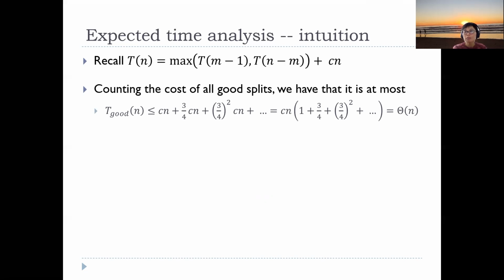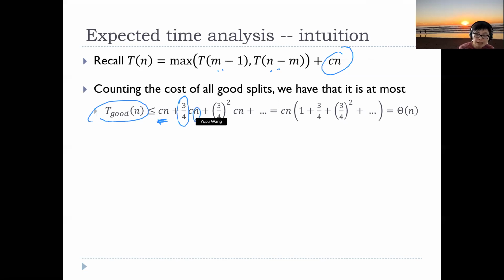So if you only focus on the good splits, this is only the time incurred by the good recursive cost. The first time we call it, we take Cn time. Then we take one of the recursive calls, but we know it's a good split, which means the recursive call is on a problem of size at most 3n/4.